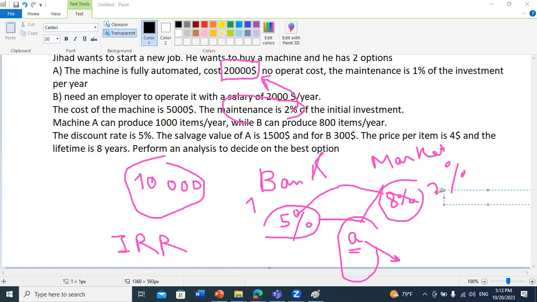The larger the discount rate, the lower the value of your money when you bring it back to present, because all your incomes and costs are divided by (1 plus A) to the power i.